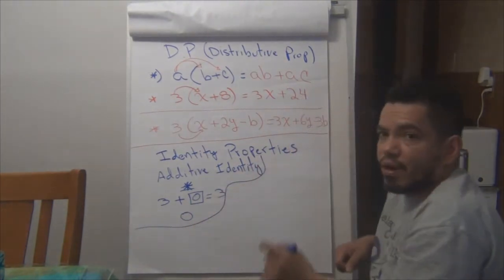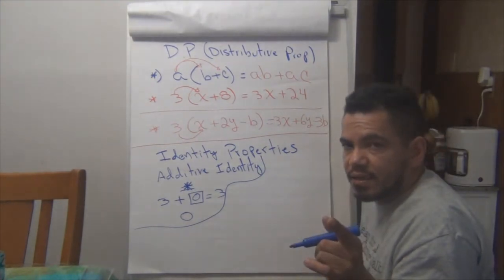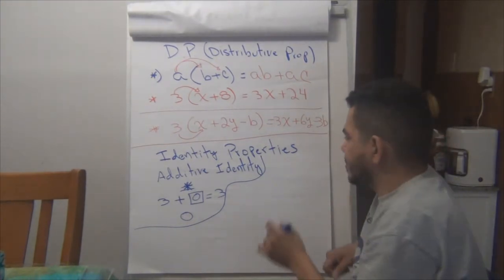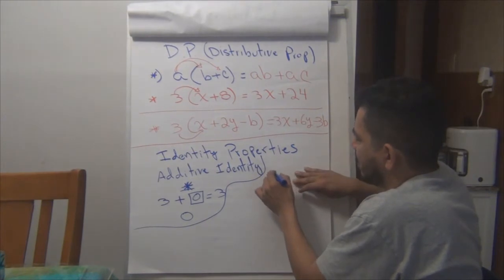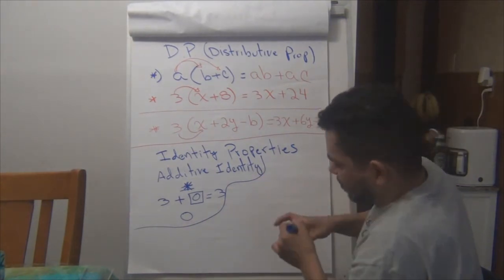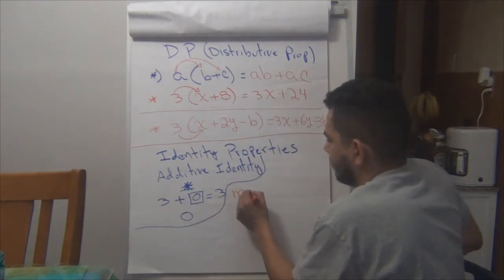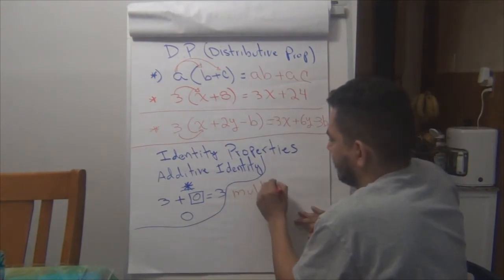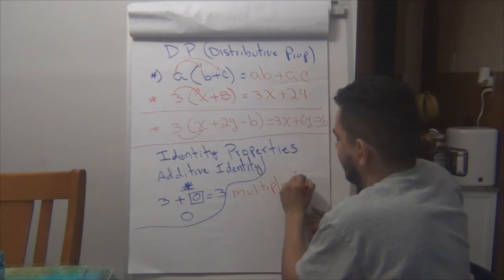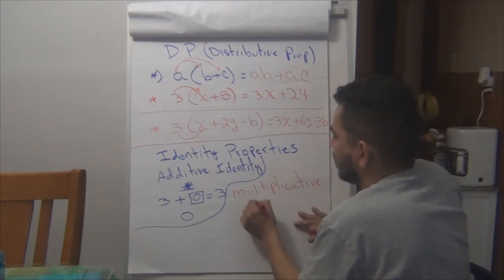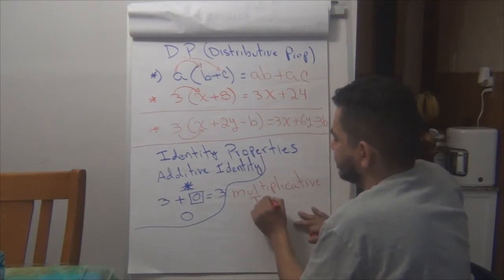Now let's go with the multiplicative identity, or the identity element of multiplication. Let me put it in red so you understand the difference. Multiplicative identity.